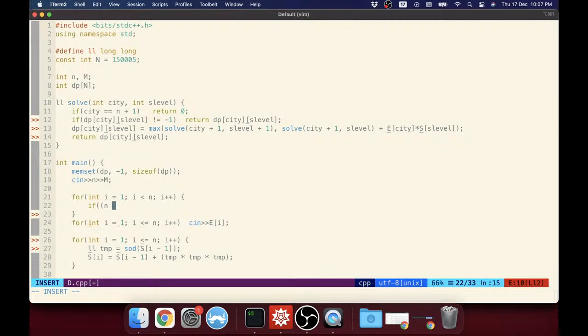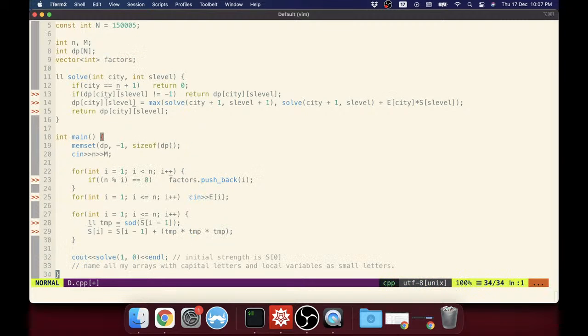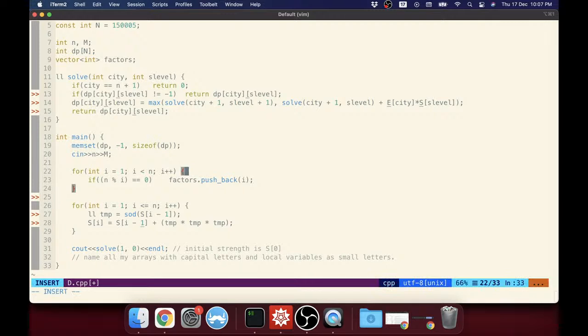If n mod i is 0, factors push back. So we have a list of factors of n. How much time did this take? This took order n time, so that's fast.